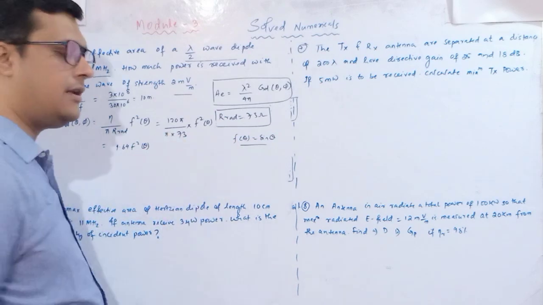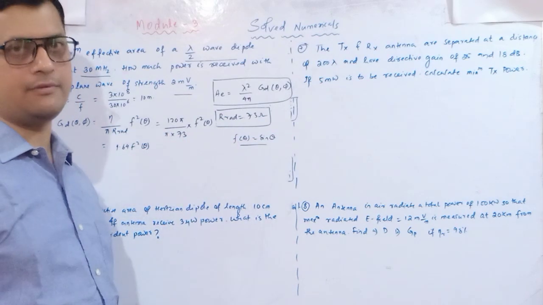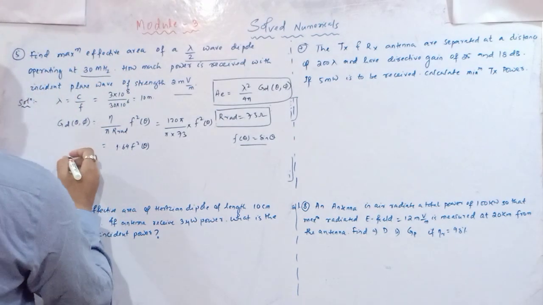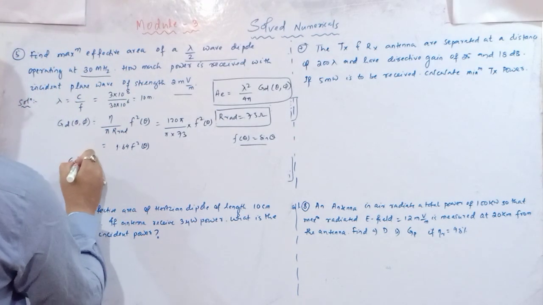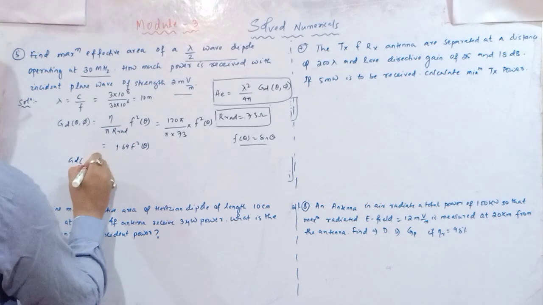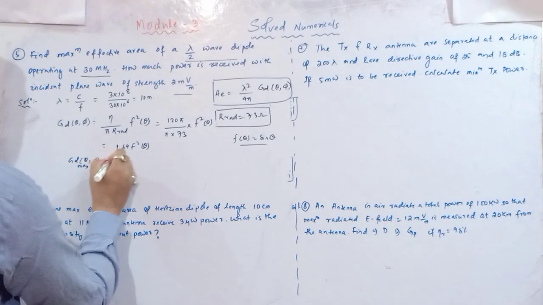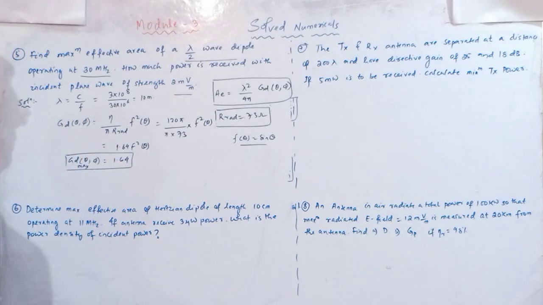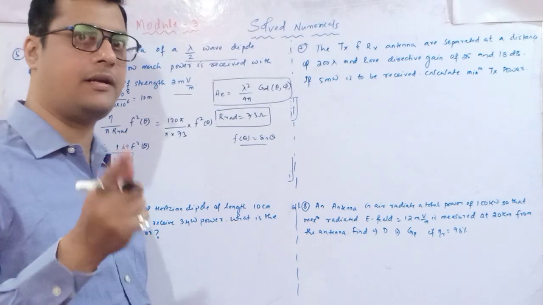So f square theta means it is sine square theta, whose maximum value is 1. So GD max theta comma phi, my maximum value will be 1.64. Done. Substitute this value here so that you will get your maximum effective area.